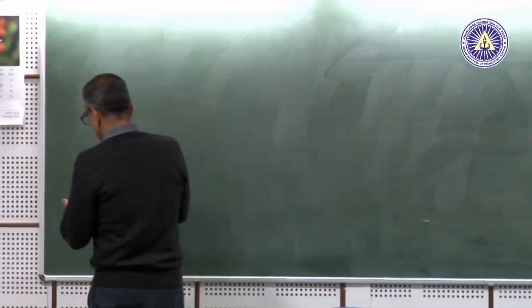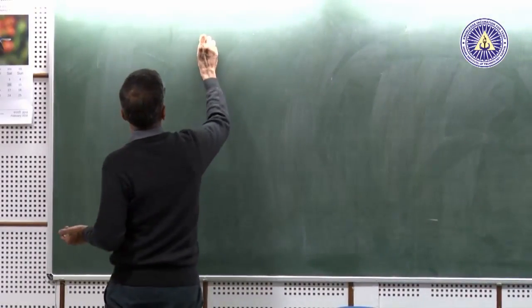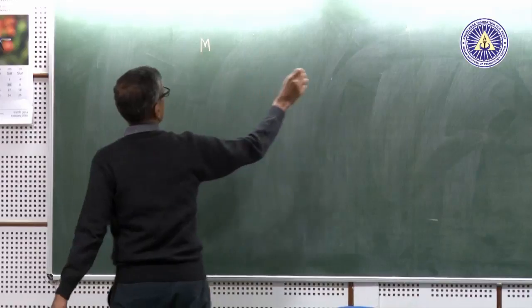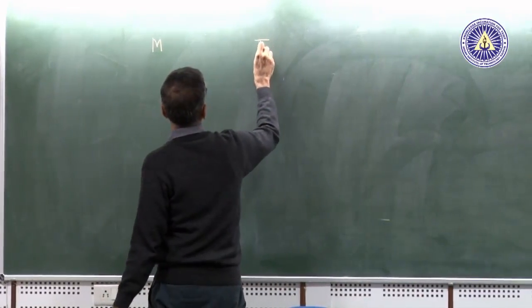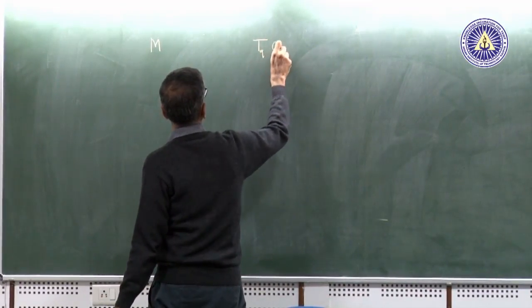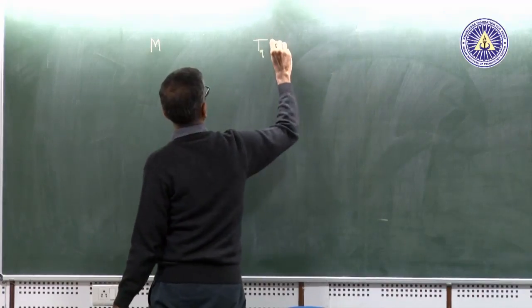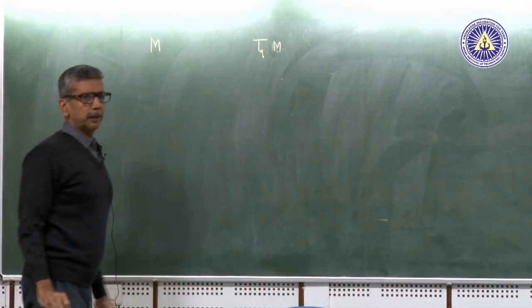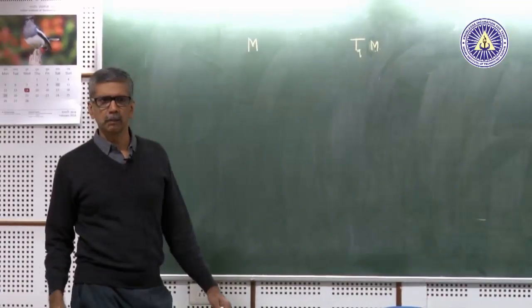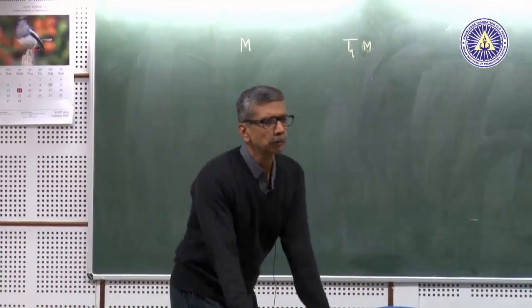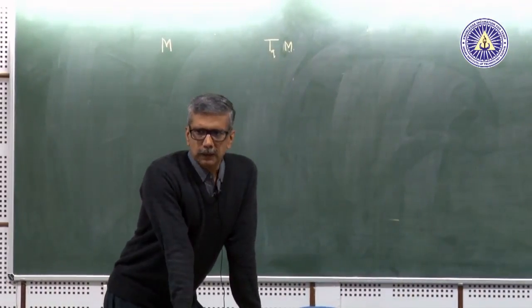So far we have studied smooth manifolds, and now I have mentioned what is called the tangent space at a point Q: the tangent space at point Q, the allowable velocities.